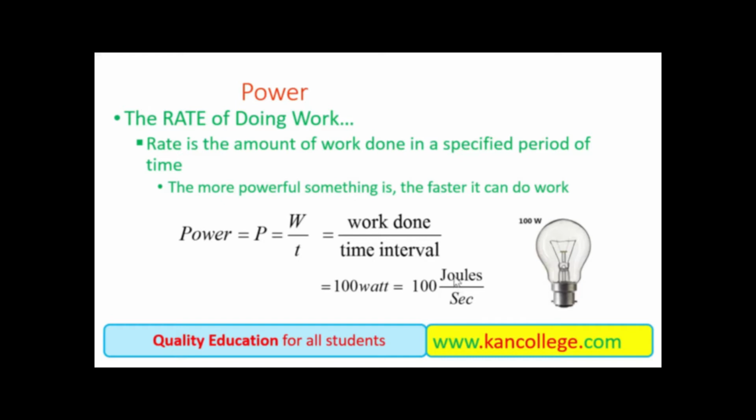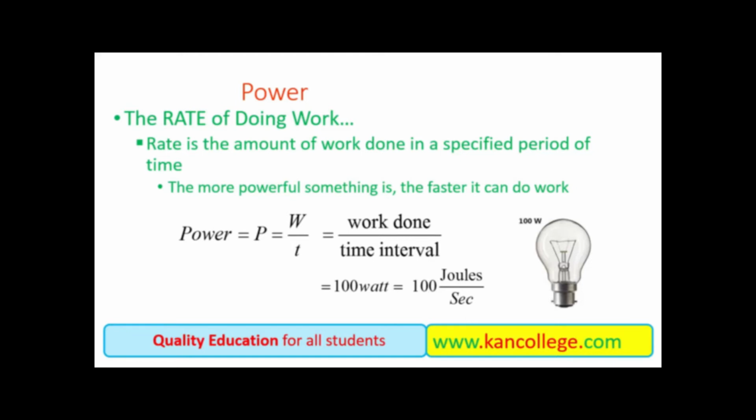And 1 joule per second is known as 1 watt. So the SI unit of power is watt. If I say this is a 100-watt bulb, it means it consumes or it makes a work of 100 joules per second, or it consumes an electric energy of 100 joules per second.